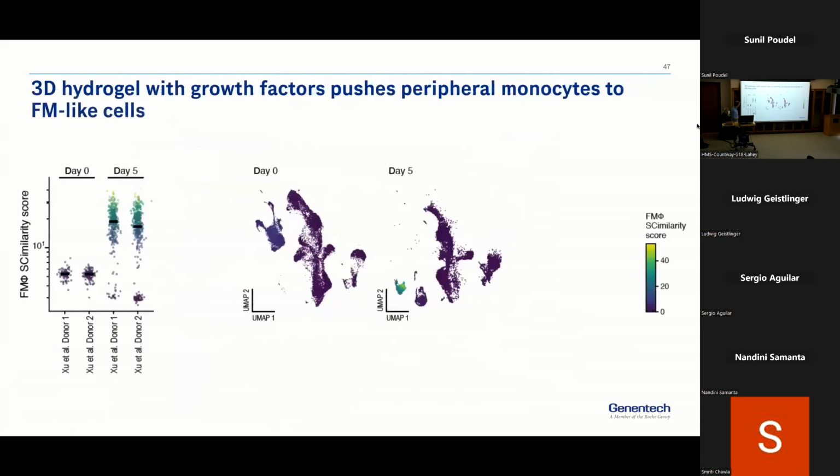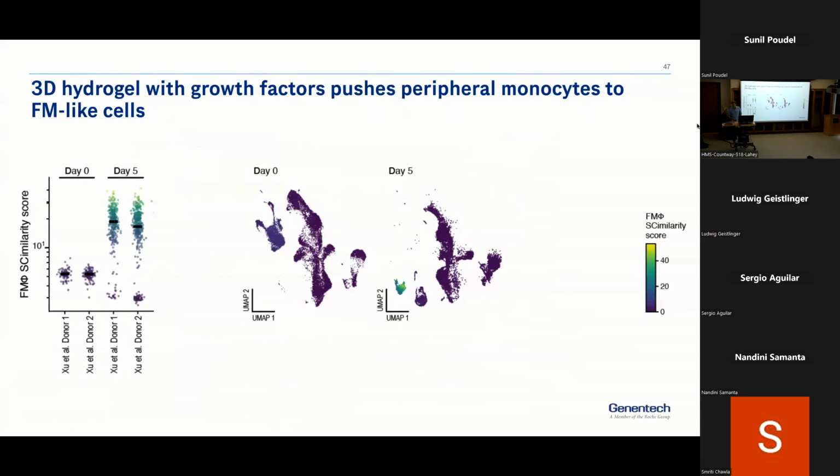But what we see is they have this time course in their system, which is awesome. You can see their starting point has cells that do not look like our fibrosis-associated macrophages. And then at day 5, they look significantly more like them. We're looking in this region down here. There's nothing really here on day 0, and then there's a lot here on day 5.